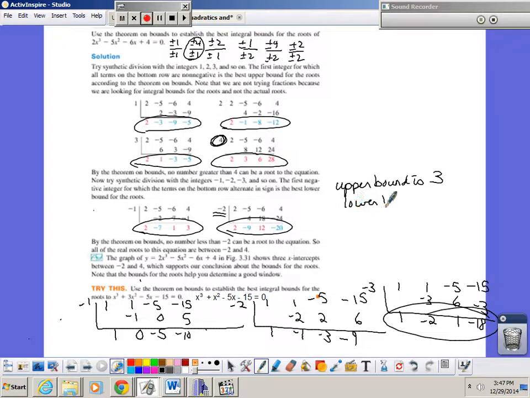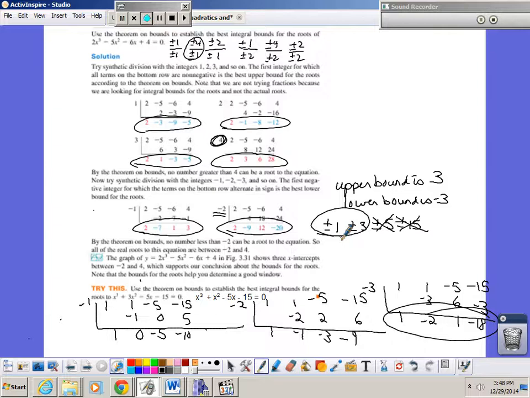Lower bound is negative 3. So out of my choices, which were plus or minus 1, plus or minus 3, plus or minus 5, plus or minus 15, plus or minus 15 is not even an option I have to check. Plus or minus 5 I don't have to check. So I only have to check those 4, which makes life a lot easier if I don't have my graphing calculator to look at it.